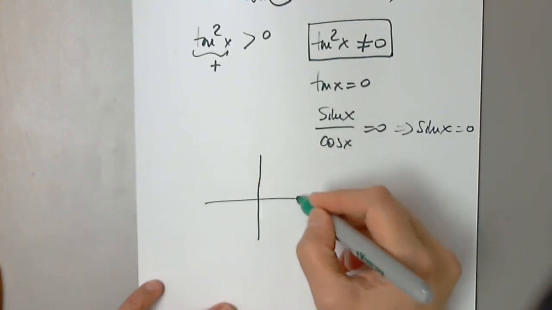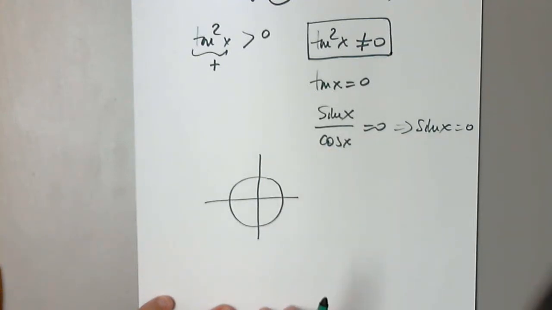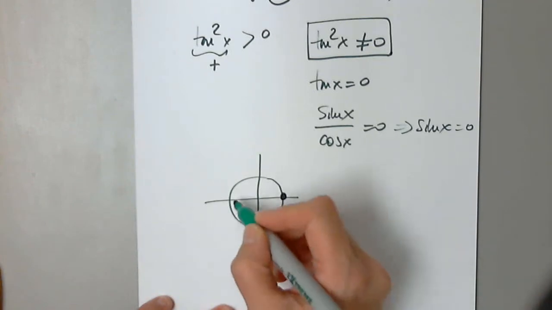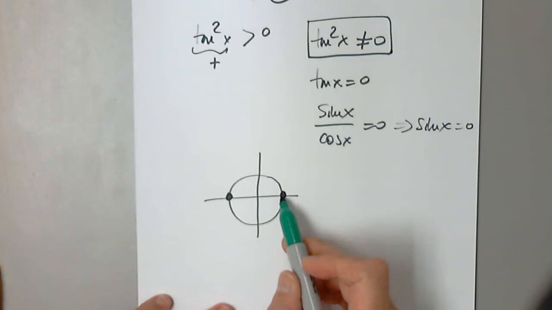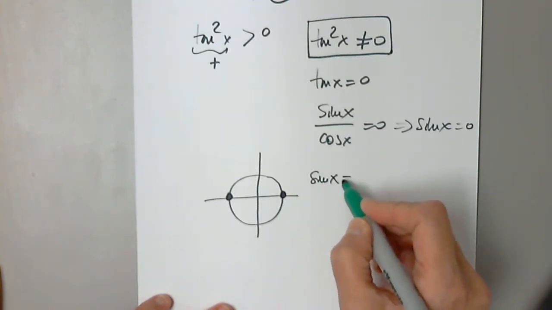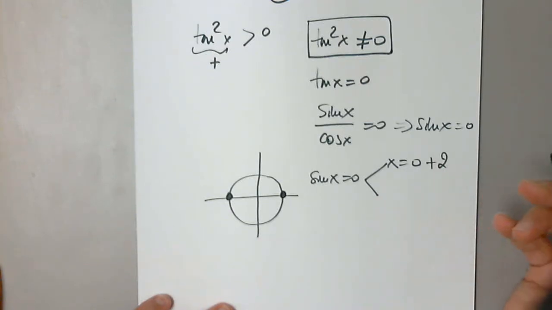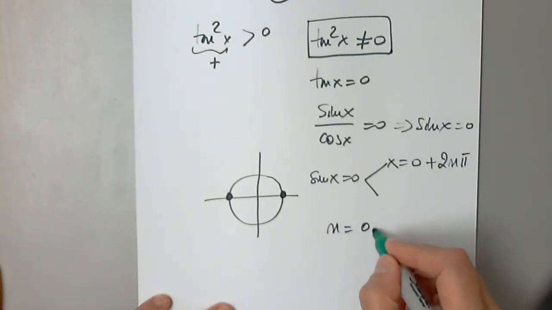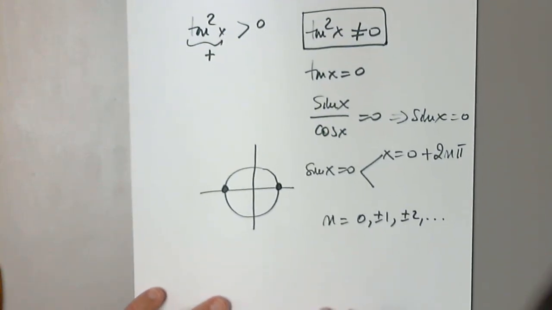On the unit circle, where do we measure sine? On the x-axis or on the y-axis? Good. Because we measure it on the y-axis, these are the points where sine is 0. So sine x equals 0 implies x equals 0 plus 2 pi n, where n is 0, plus or minus 1, plus or minus 2, any integer.